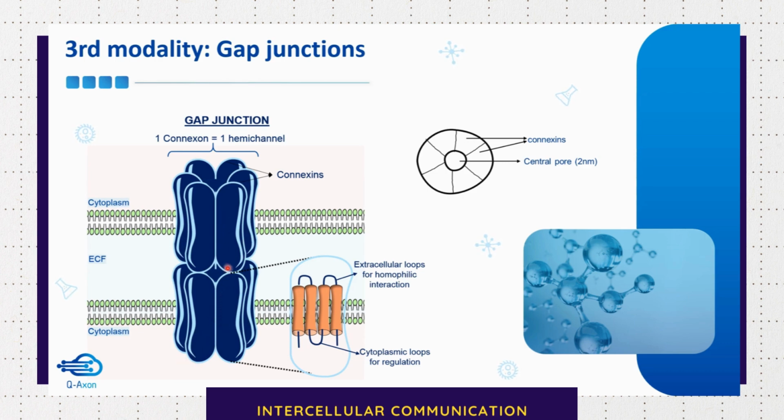One example of a gap junction is present in cardiac muscle. You know that cardiac muscle acts as a syncytium, that is, it acts as one unit. This is because the changes of ions which occur in one cell can travel through the gap junctions and reach the other cell.